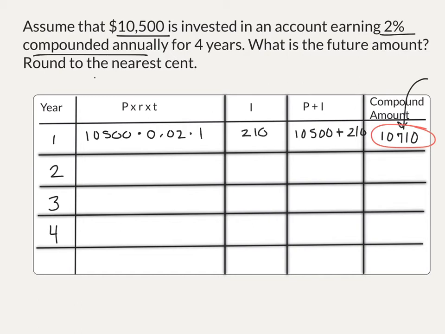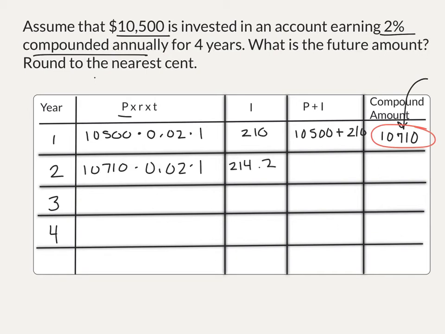So I'll take that amount, which is 10,710, and plug that in for P for year 2. And we'll multiply that by 0.02, and again, T is 1, since I'm taking 1 year at a time. So $10,710 times 0.02 gives me a value of 214.20.